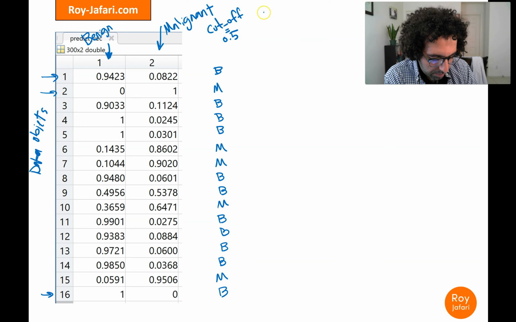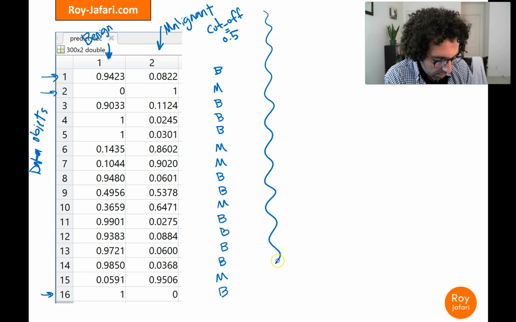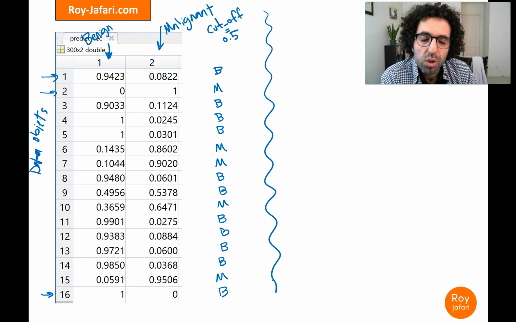But one person can be a little bit smarter than this and say, you know what, don't we want to see if there is any possibility of malignant? How about I change the cutoff from 0.5 to 0.1 for malignant cases, right?